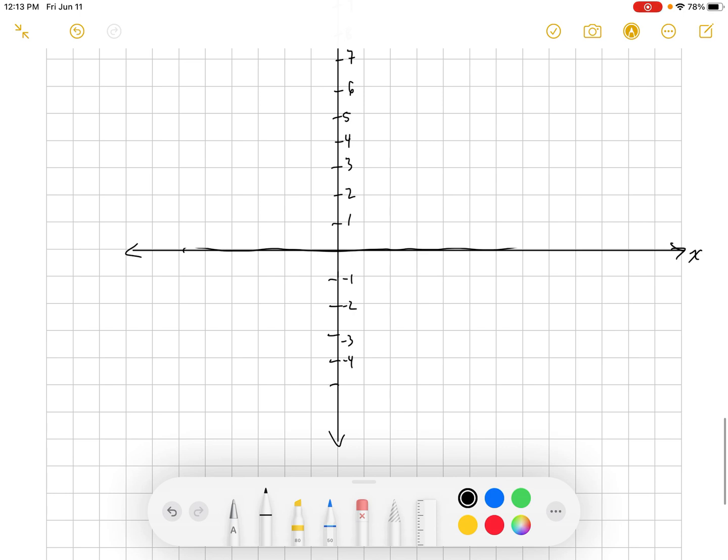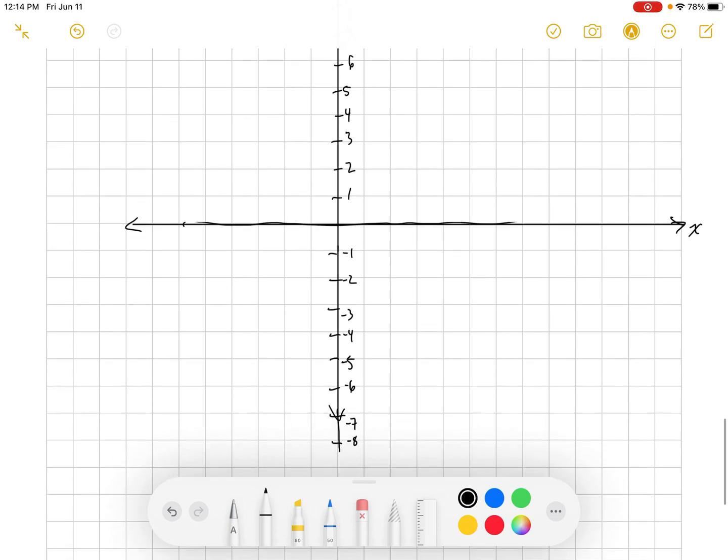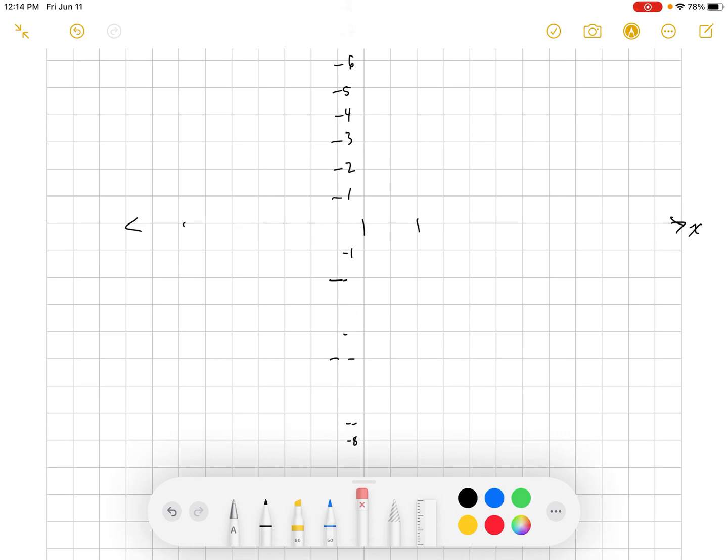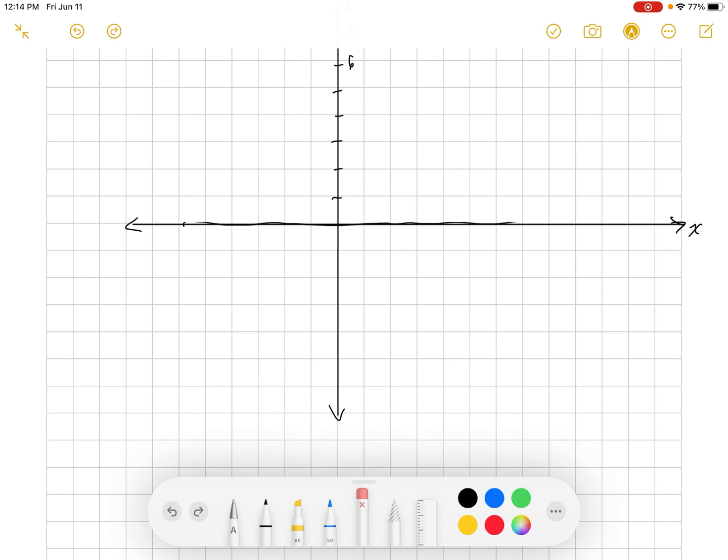Negative 1, negative 2, negative 3, negative 4, negative 5, negative 6, 7, and negative 8. All right, and then 1, 2, 3. I don't know, maybe this is not a good setup. Let's make it not so big. I'll have to change my scaling. I'll do these by 2s.